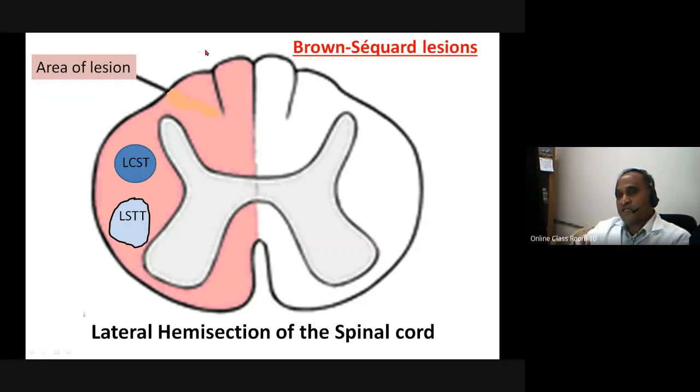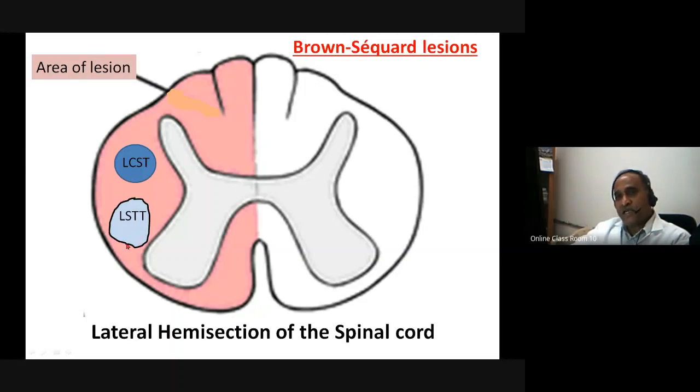So this posterior part and the lateral part. In the lateral part, we have two tracts. Mainly, I have brought in two tracts: the lateral corticospinal tract, and this is the lateral spinothalamic tract.